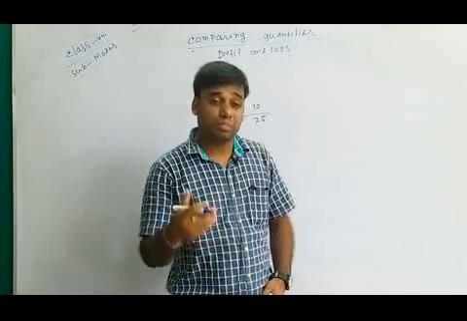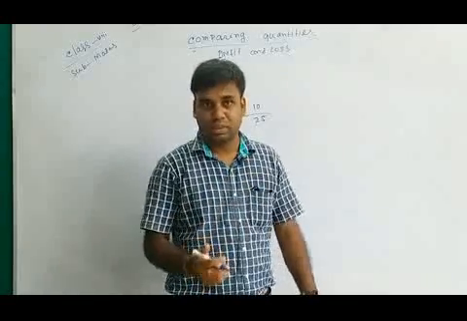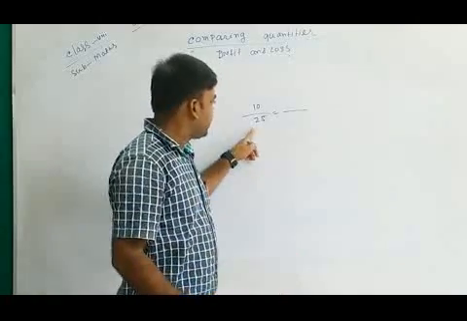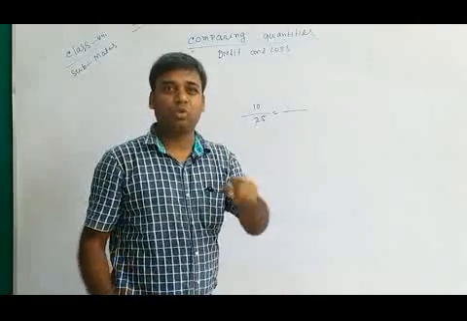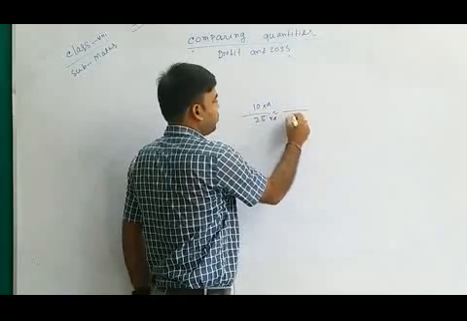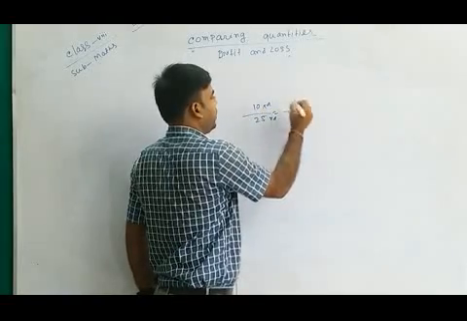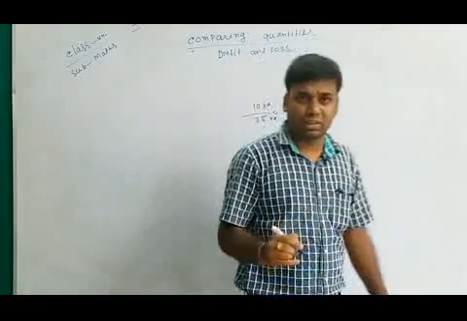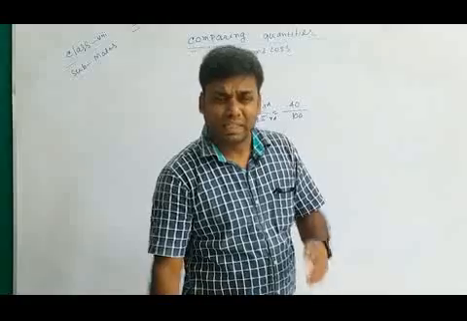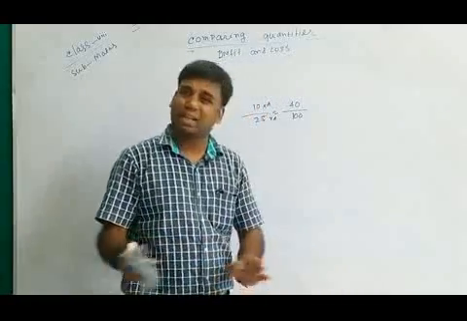What will be the percentage of your marks? Just make the denominator 100. To make 25 into 100, you have to multiply by 4, and the numerator also by 4. So 40 out of 100. Your percentage of marks is 40%.